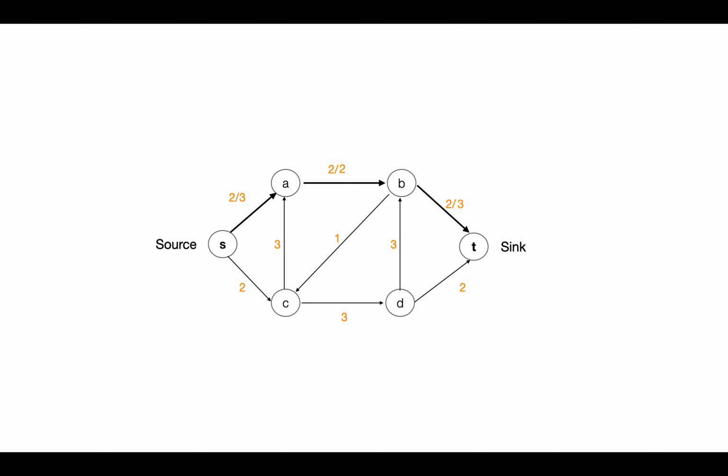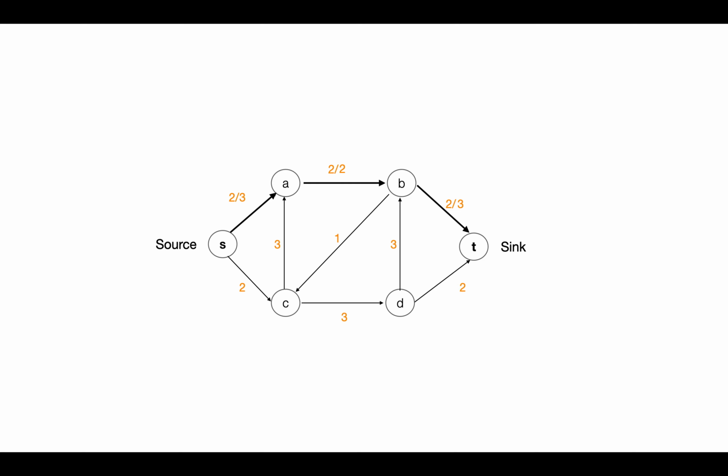So if you see this edge SA, the capacity of this edge is 3, and the current flow across it is 2. So there's still 1 unit of water that can be sent through this edge SA. And this remaining space for 1 unit, we term it as residual capacity.